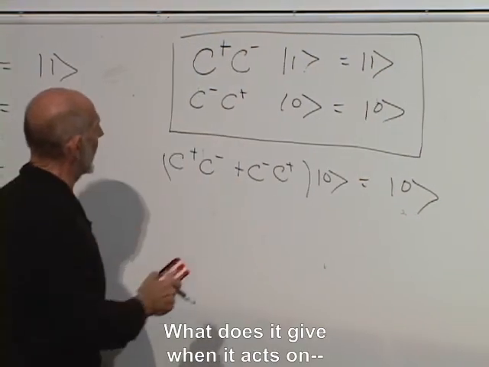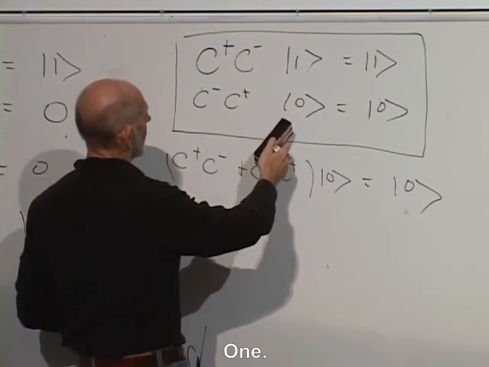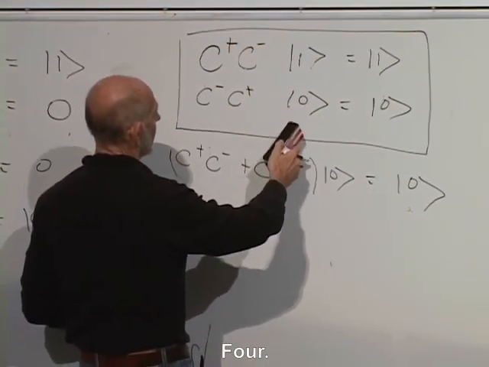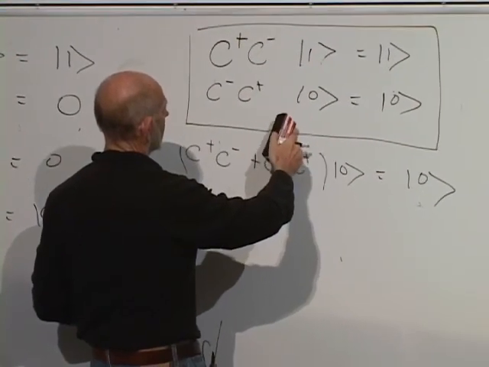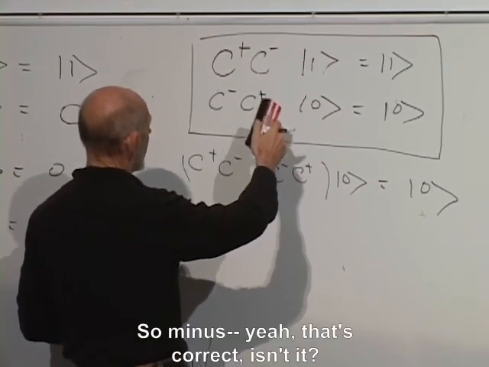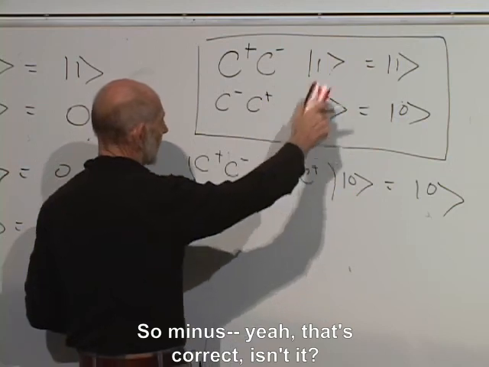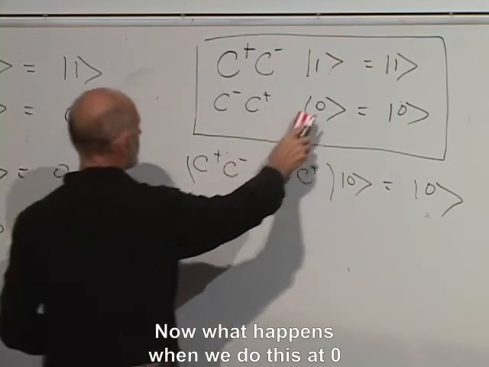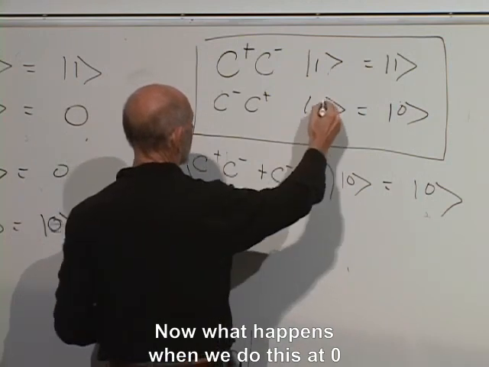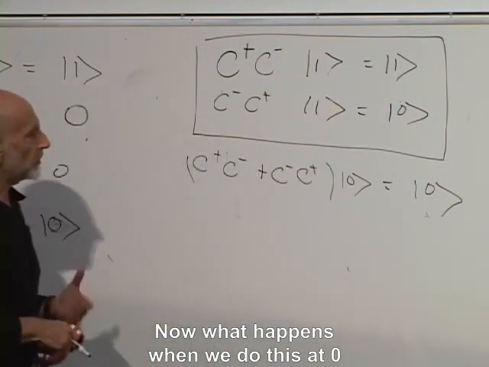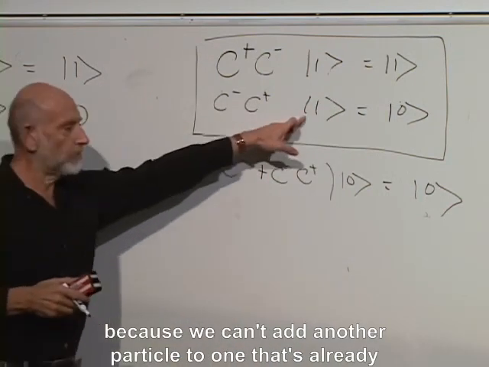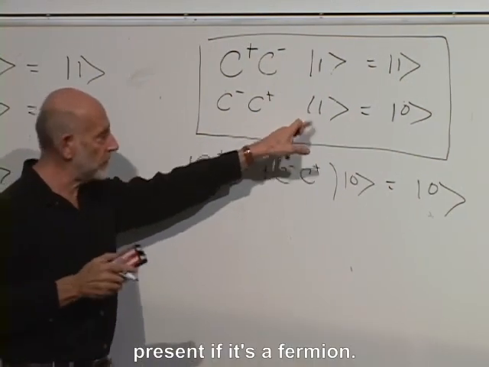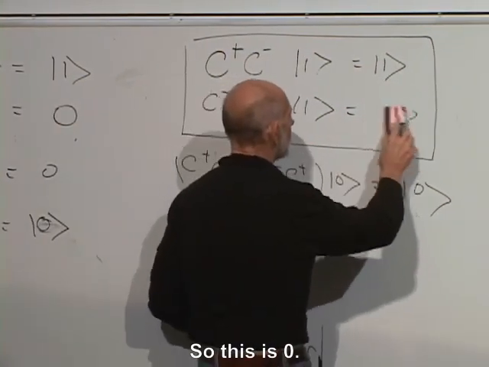And the other ordering acting on 1? Now, what happens when we do this? It's 0 because we can't add another particle to one that's already present if it's a fermion. So this is 0.